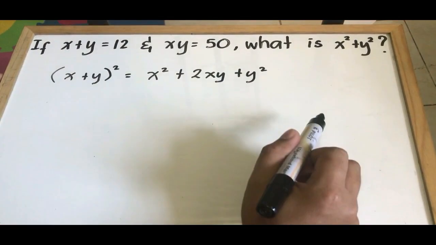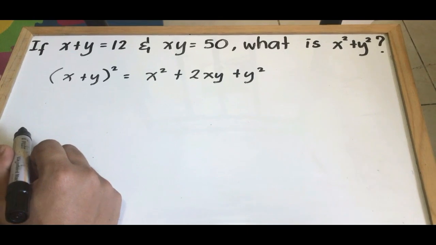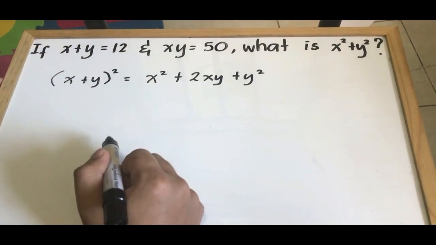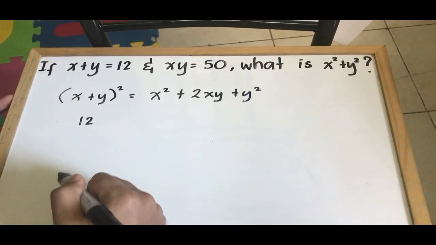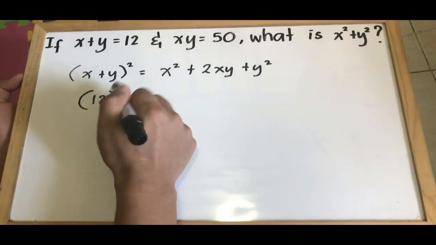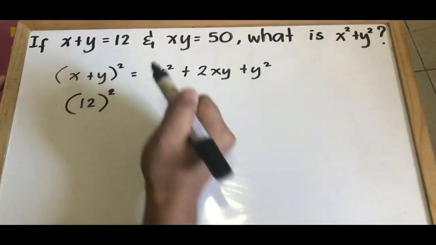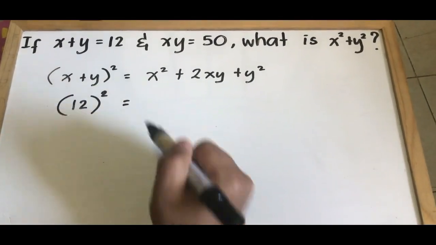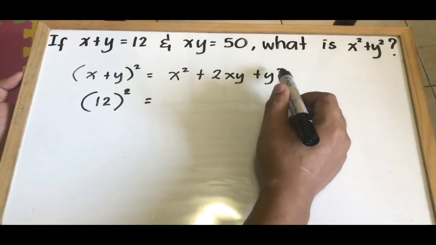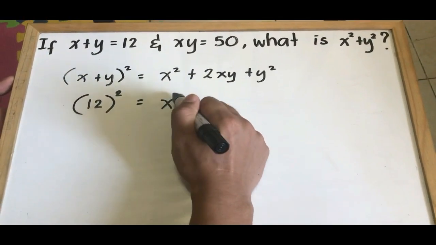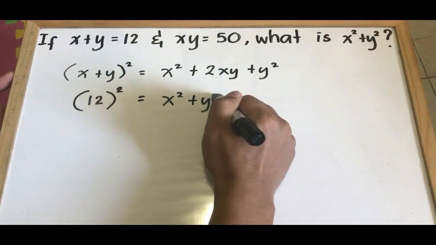In this equation, we can substitute the given. x plus y is equal to 12. So x plus y, substitute, the value is 12. So we need to square. Equals, we are looking for x squared plus y squared. So remain x squared plus y squared.